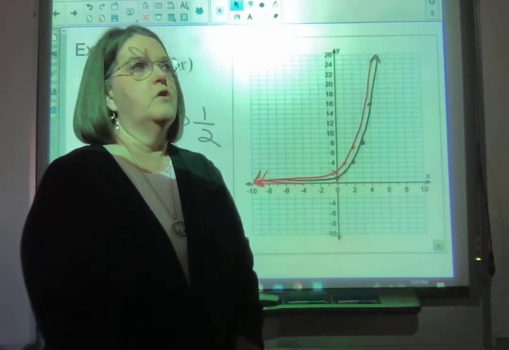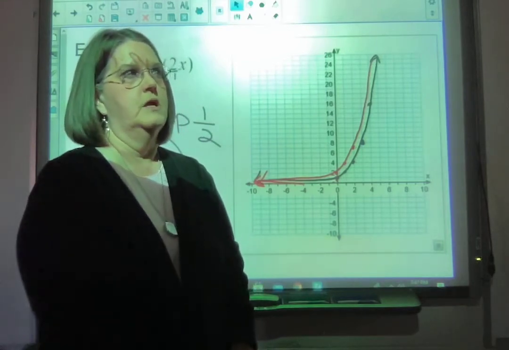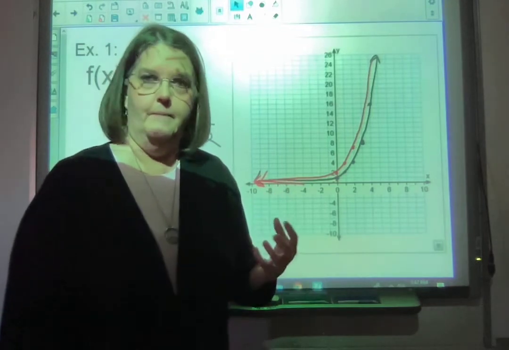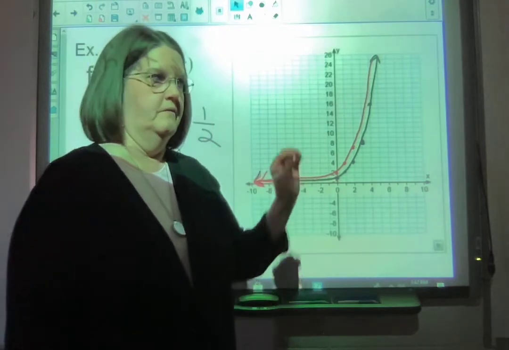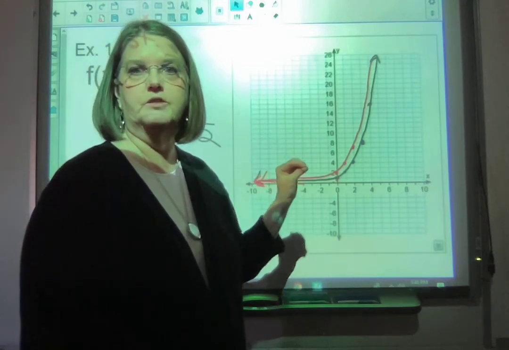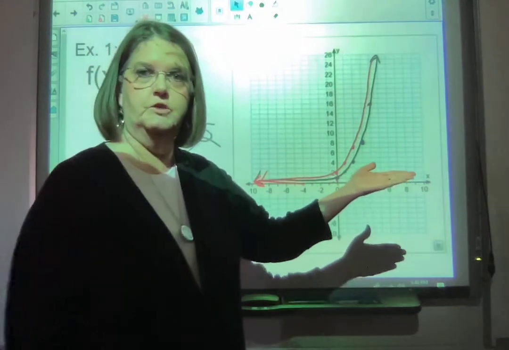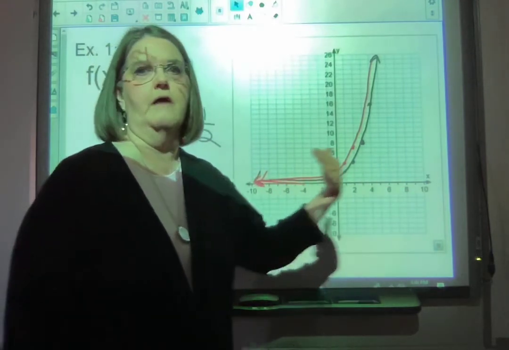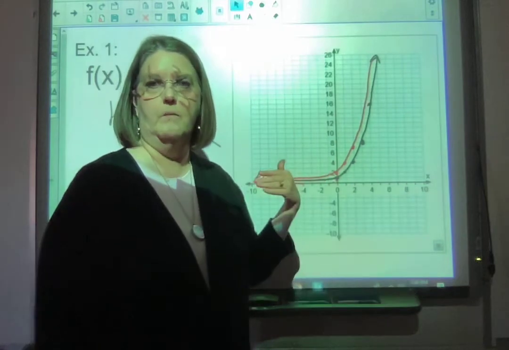But with horizontal, the opposite of what our mind thinks ought to happen happens. So when we have a plus sign with a horizontal shift, instead of it going to the right, which is what our mind wants it to do, it actually moves the graph left. And a minus sign will move the graph right, which is opposite of what our mind wants it to do.